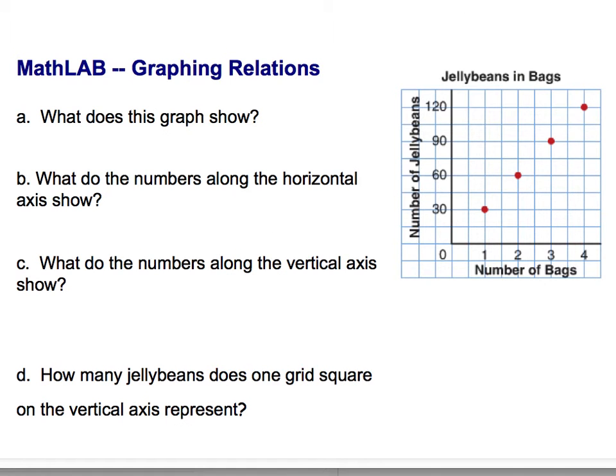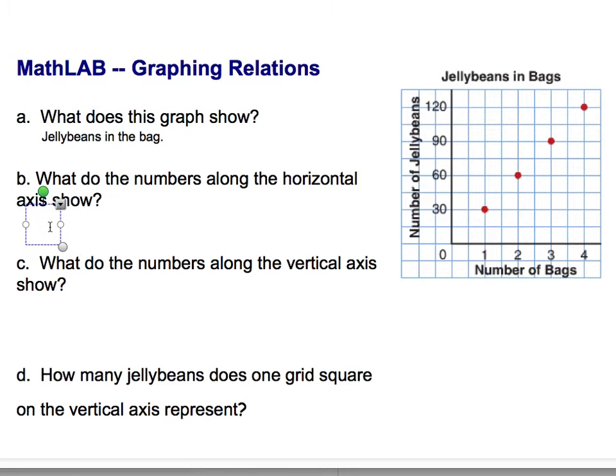Okay, so in the math lab, we have a graph on the right-hand side, and it says, A, what does this graph show? Well, it shows that we are talking about the number of jelly beans in the bag. What do the numbers along the horizontal axis show?